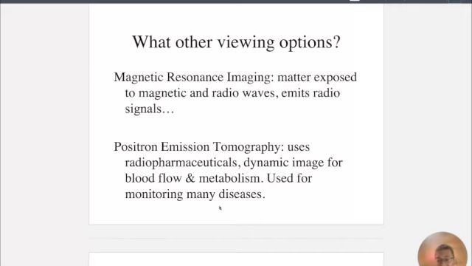Cancer cells metabolize much faster. They use up all your energy, so the sugar goes into the cancer cells first. Then you take the image and you can see that this area is more active. That is where the problem is.